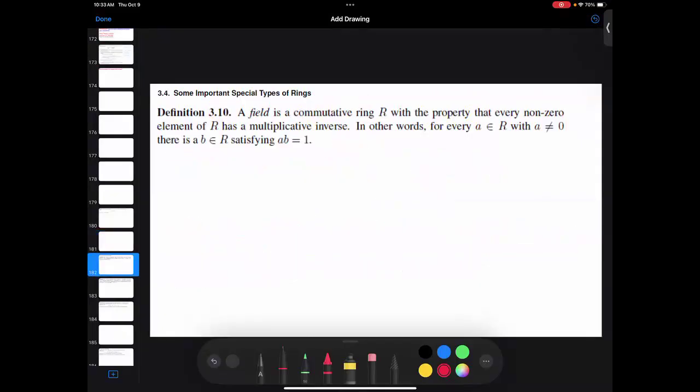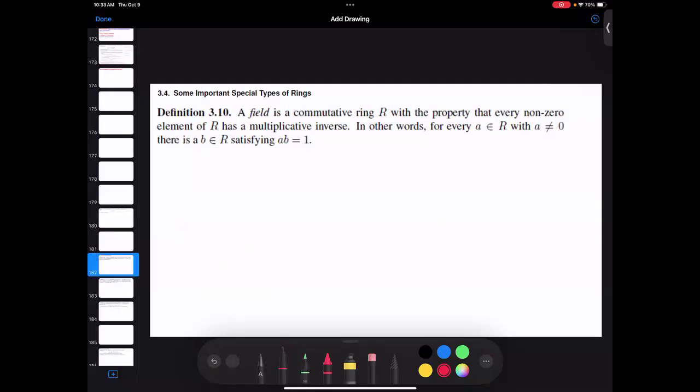Okay, so the next is the notion of a field. So a field is a commutative ring with the property that every non-zero element of R has a multiplicative inverse. So basically it's saying, we're not requiring everything to have a multiplicative inverse, because the zero element is clearly not going to have an inverse except in one situation. There's only one time when the zero element has an inverse.